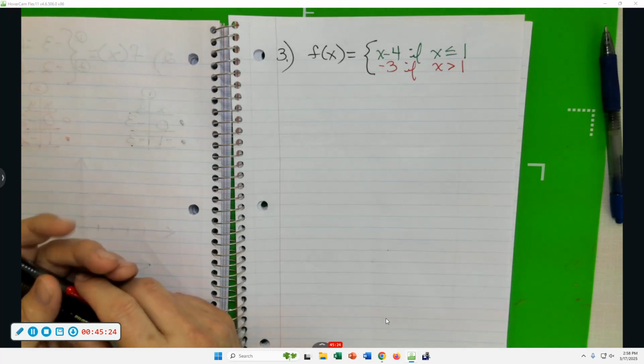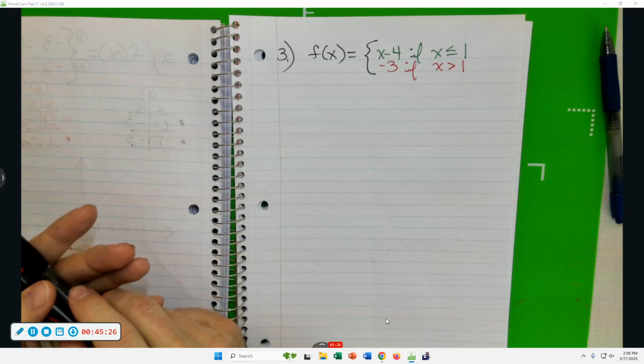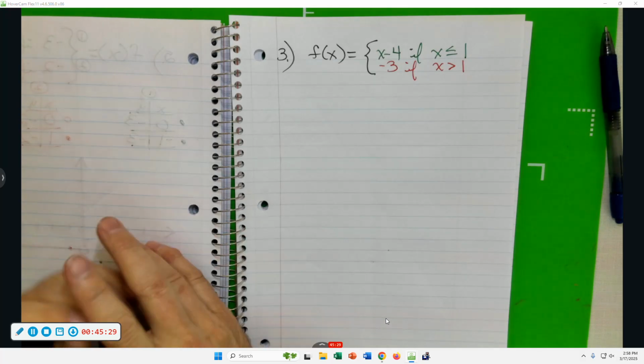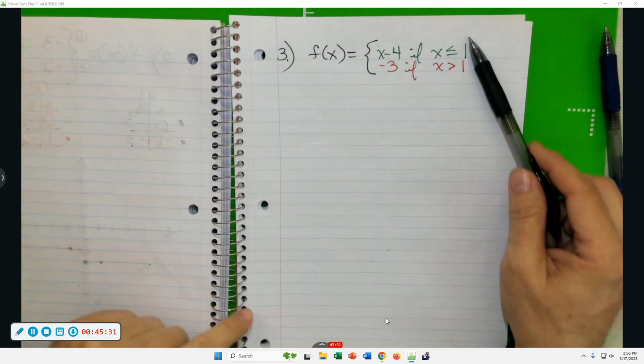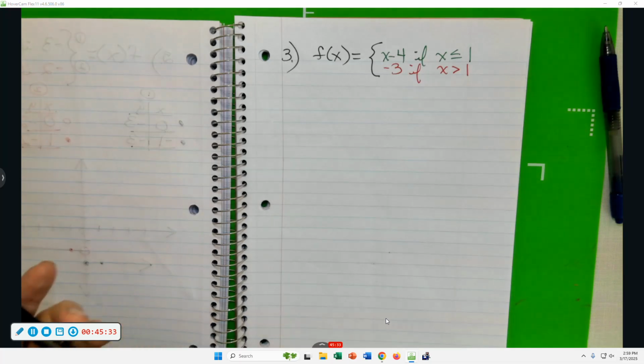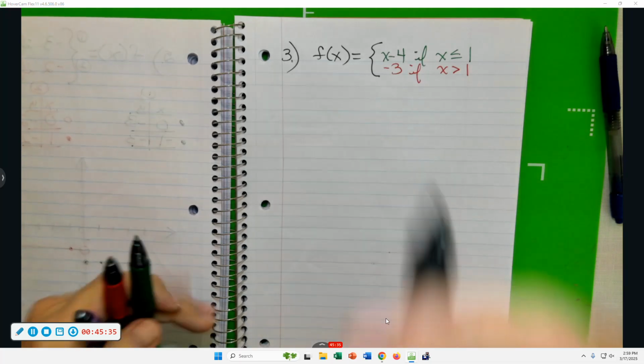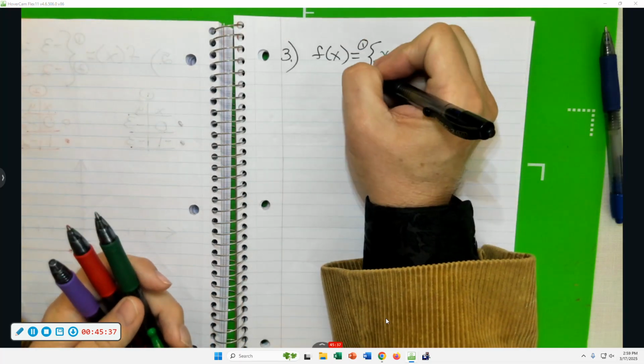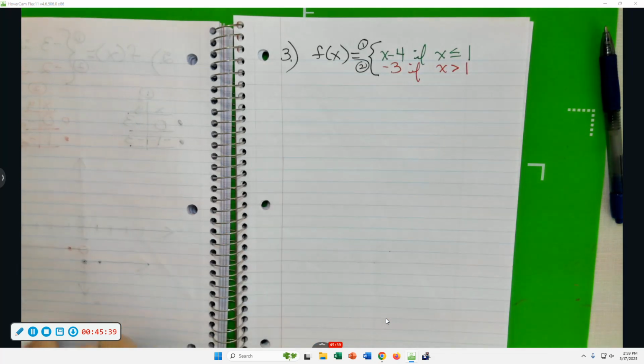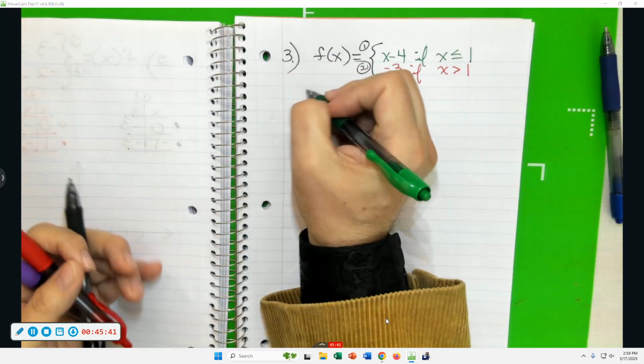What's my cut point? What number must I start off plugging in each piece? I have to use the number 1. There's only one cut point. This is table 1.